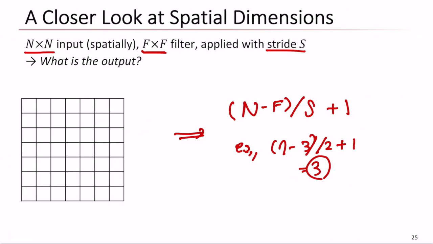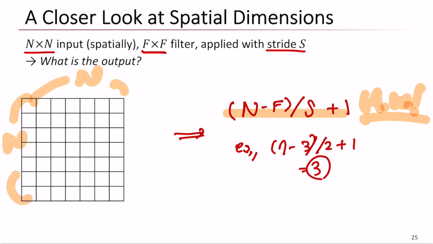That's the equation about the spatial dimension between the input and output of a convolutional neural network. Please do not ask why. You can just use it; this is just the definition. Here the input is n by n, the filter is f by f, and you consider the stride. Then your output size should be like this. That's the definition.